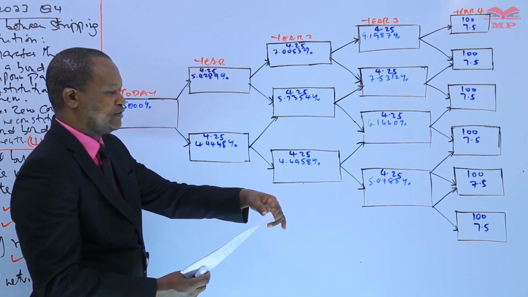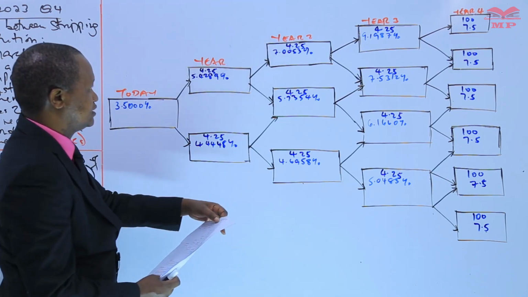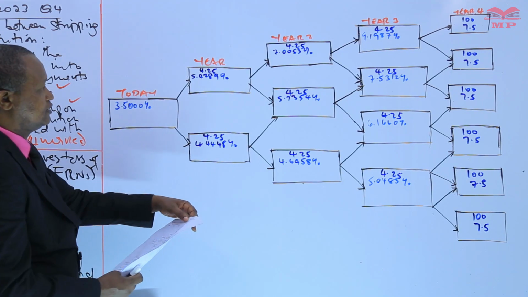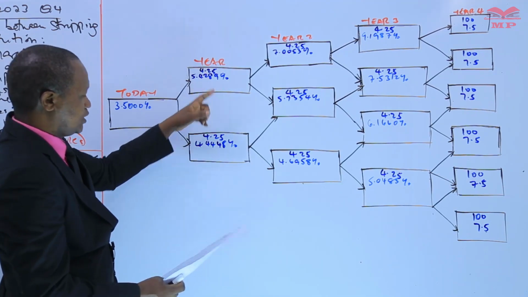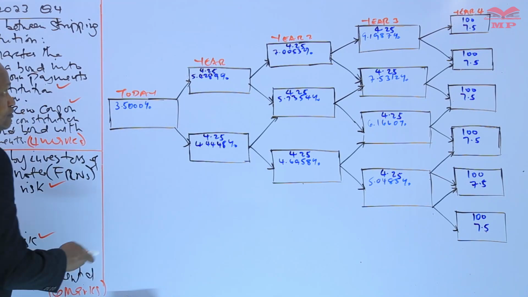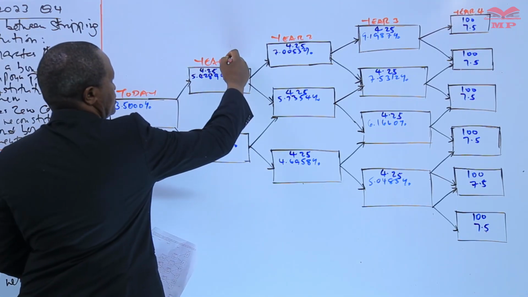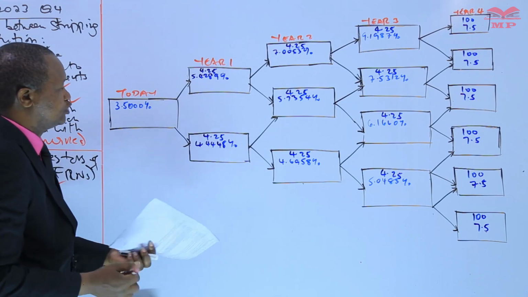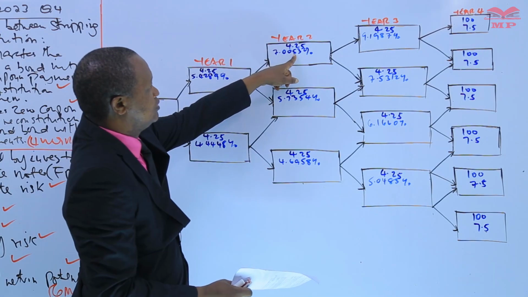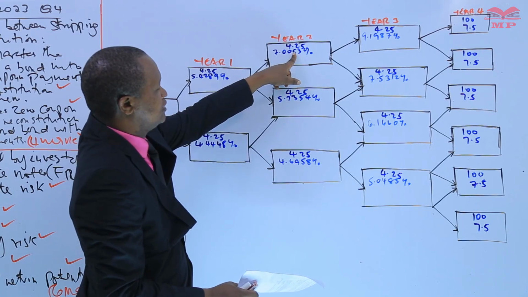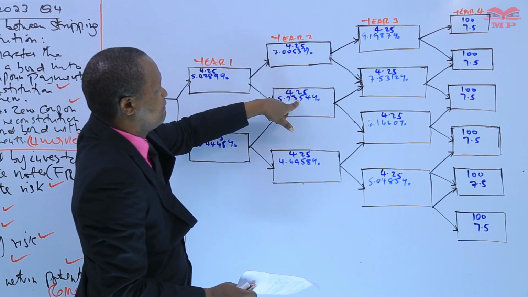4.25% interest for 2 years. All right. So here you have 4.25, year 1. Year 1, 4.25%. Year 2, 4.25%. These are nodes.